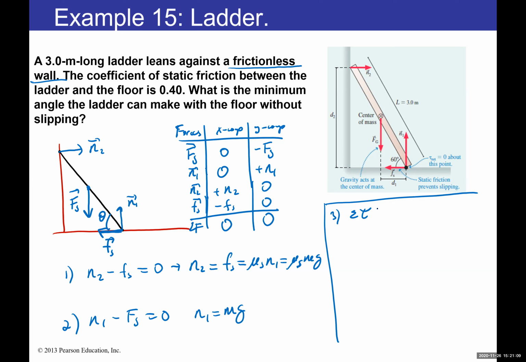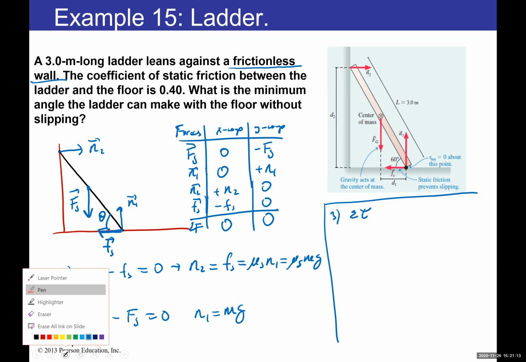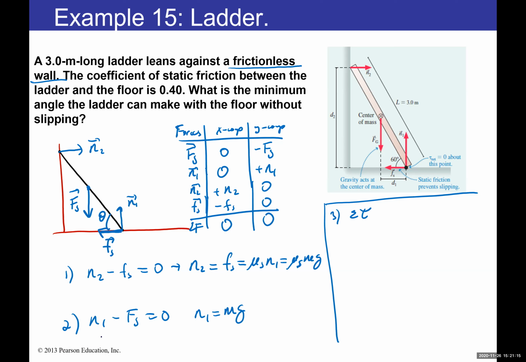Any point could work as the pivot, but ideally you want to choose a point that eliminates as many forces as you can, so your torque equation is much simpler. For example, if I choose this point right here to be my pivot point, then the torque due to normal force 1 and due to the static friction disappear, they're gone. All right, that means what I can do from here is this.